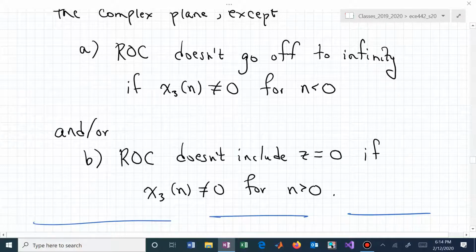If we had non-zero terms for positive indices, then it can't include z equal to 0, because the positive terms in that finite series would lead to x of 1 over z plus x of 2 over z squared. And we can't let z go to 0 or those terms would go unbounded.